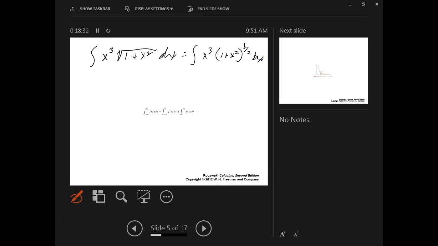Okay. You still have to substitute it. What's your substitution? Let u equal 1 plus x squared, and then du equals... how did you get that?